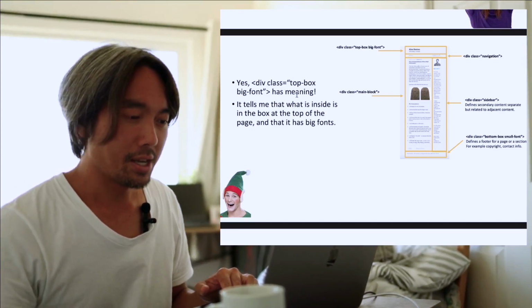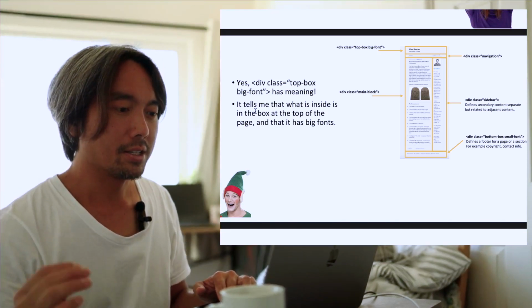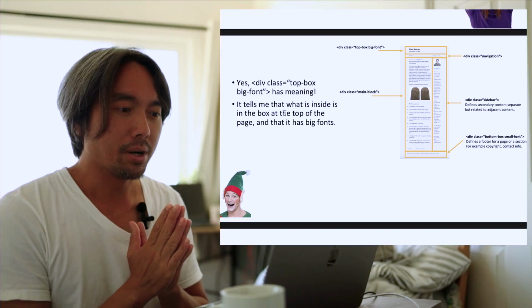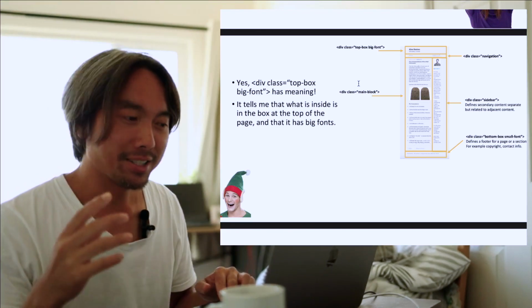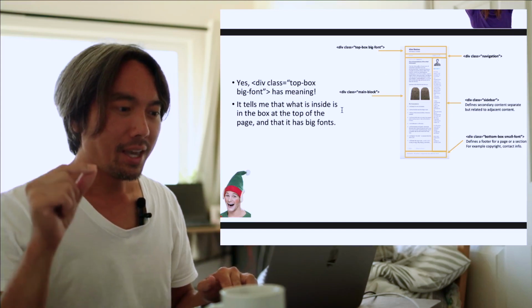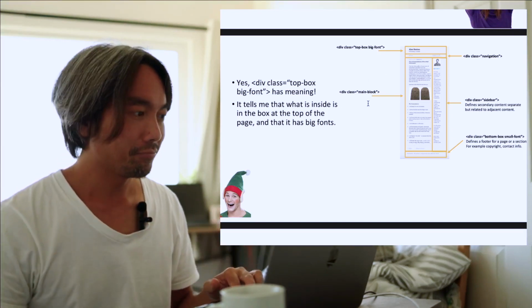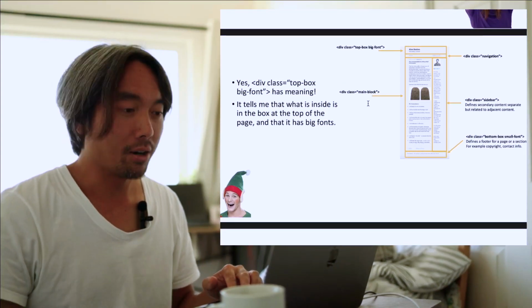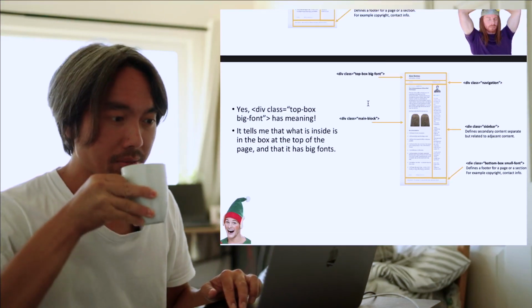So he's saying that his code has meaning, and that it tells me that what is inside the box at the top. It tells me that that box is at the top of the page, and it has big font inside. Okay, so that's what the elf perceives as meaning, semantics.